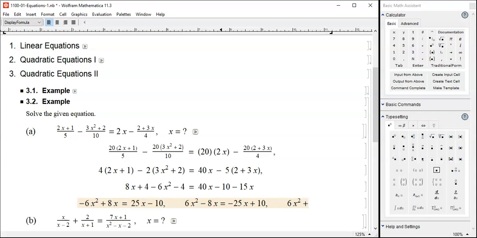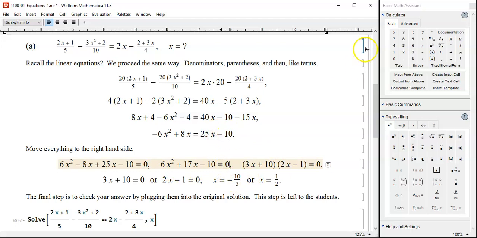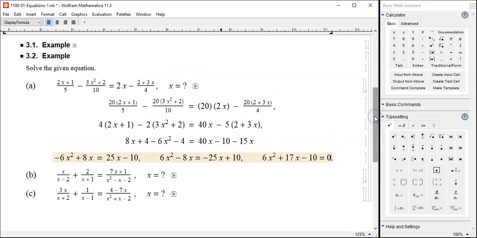And then 25 minus 8, so we get 17x. And then minus 10 is equal to 0. Looks like that's the quadratic trinomial we're going to end up with. Let's check. 6, 17, minus 10, 6, 17, minus 10. Yes, all the computation so far is correct. Okay, all right.